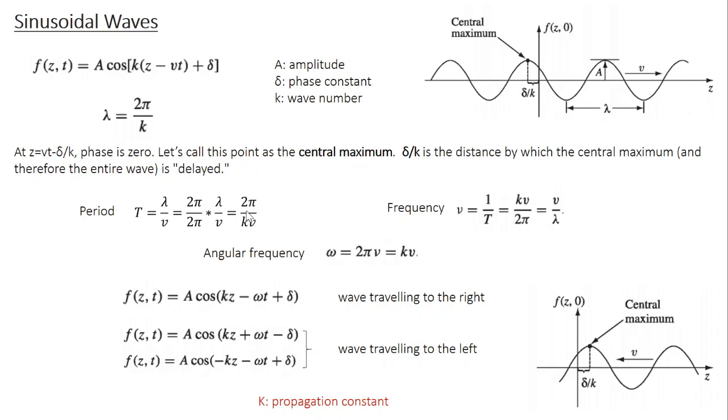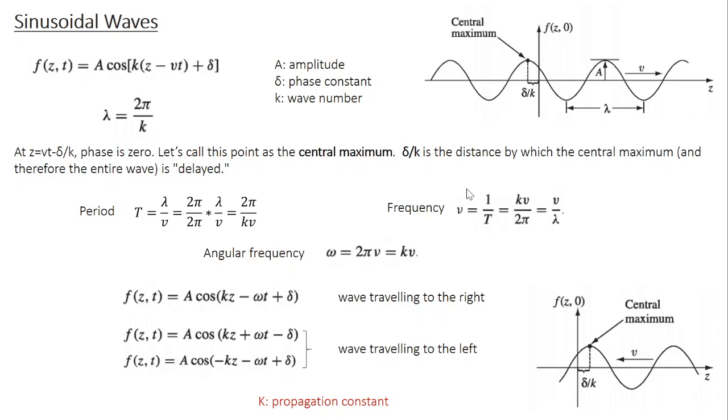So T equal to 2 pi divided by kv. If you take inverse of the time period, this gives you frequency, which is nothing but number of waves traveling through a particular point per unit time. Nu equal to kv by 2 pi, or from this definition you can write it as v by lambda.